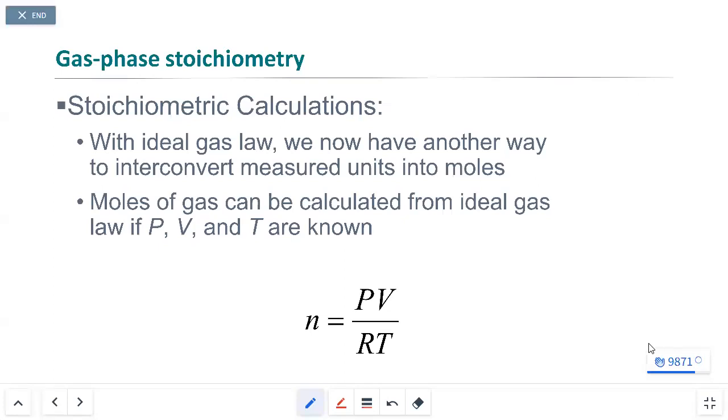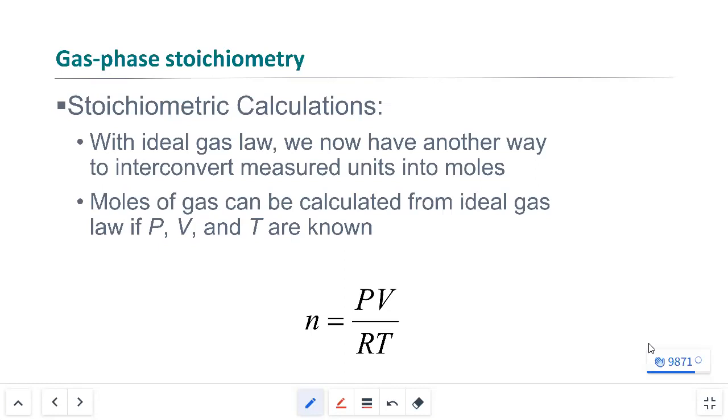Well, the good news out of this is that it's pretty simple. The ideal gas law gives us the link between what we can measure about a gas, its volume, its temperature, its pressure, and what we don't know always about a gas unless we weigh it and we know its identity, the number of moles.